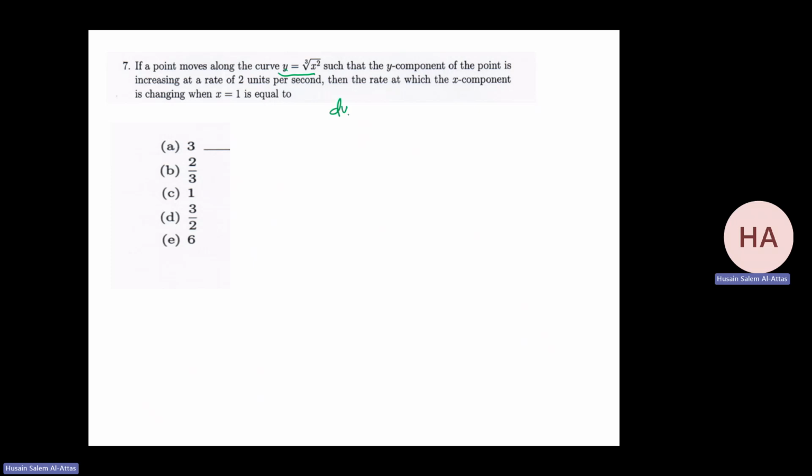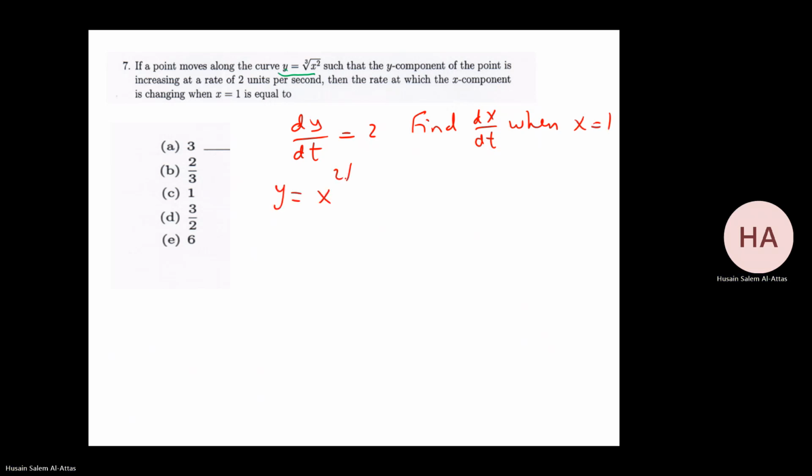So I have dy by dt equal to, find dx by dt when x equals 1. And I have this relation. So find dy by dt, differentiate with respect to t. That will be 2 over 3 x to the power minus 1 over 3 times dx by dt.